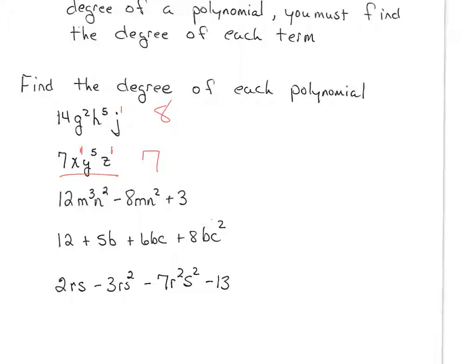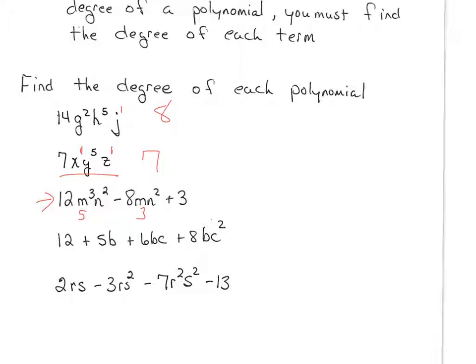I'm confused. On this one, we have to look at each individual term and find the degree. So what's the degree of the 12 m cubed n squared? It's 5. And then we've got 8mn squared, what's the degree there? 3.